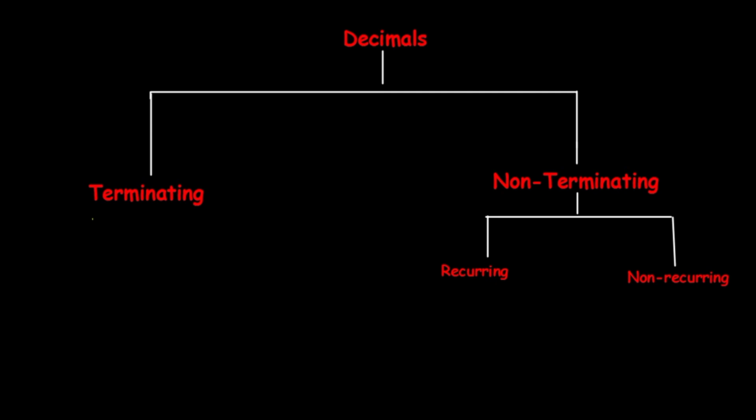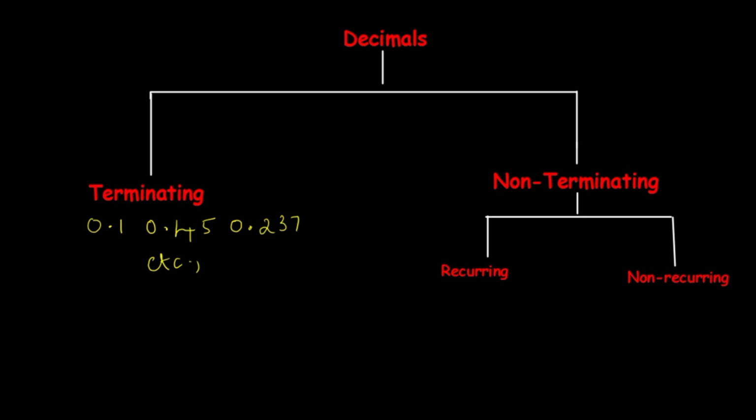Once again we recall what a terminating decimal is, like 0.1 or 0.45, 0.237, and so on. This is a terminating decimal. Terminating decimal means when you divide a fraction, you get the remainder 0 at one end. So that quotient is a terminating decimal.